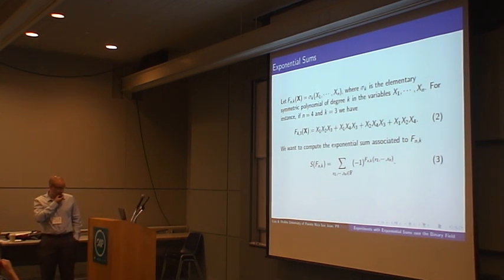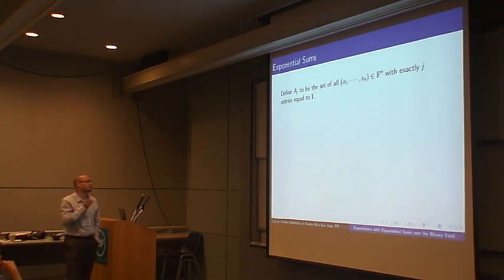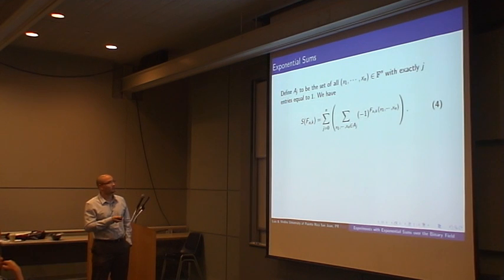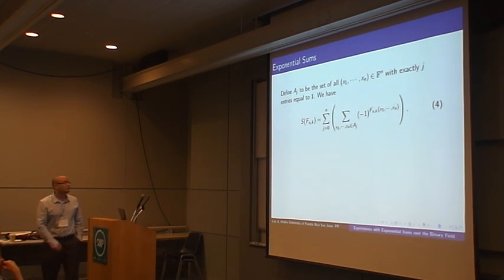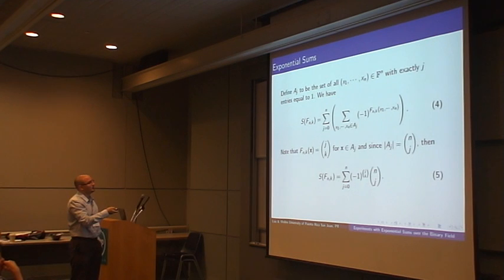The first thing that we did is rewrite this exponential sum. We define A_j to be the set of all tuples with exactly j entries equal to 1. Then this is what we need to compute. In this case, the function evaluated at those vectors is a constant.